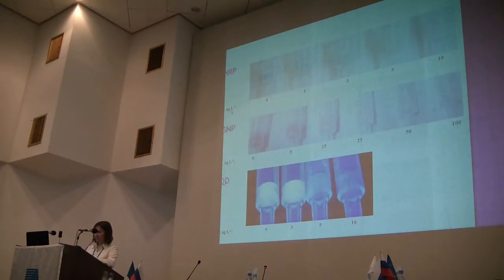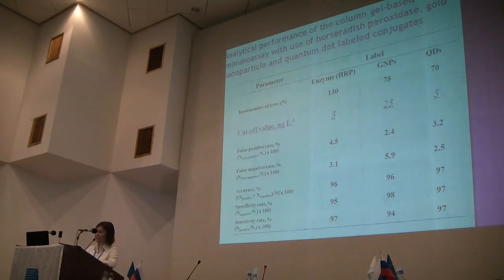This is the most sensitive test for benzopyrene, more sensitive than sensors, for example. Sensors are instrumental tests. With GNP, the sensitivity is 5 times worse, and we don't like this. But with quantum dots, we again have a sensitivity of about 5, and we like it, and we are going to work with quantum dots further.